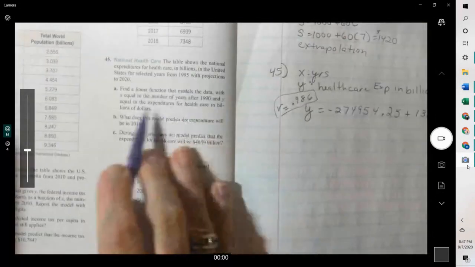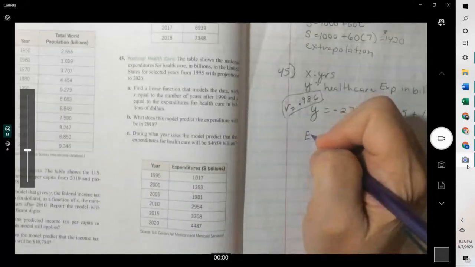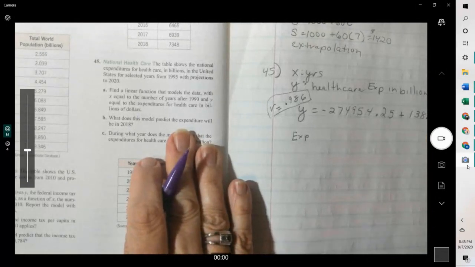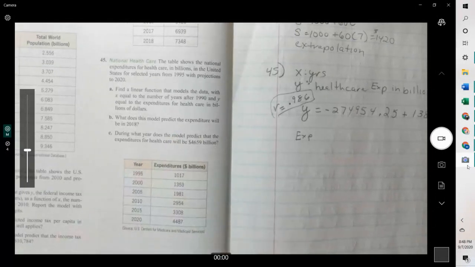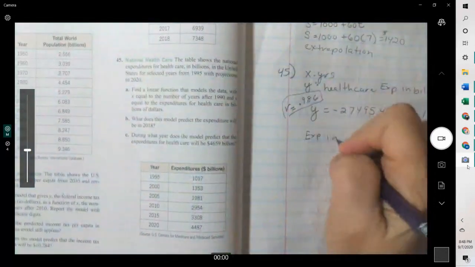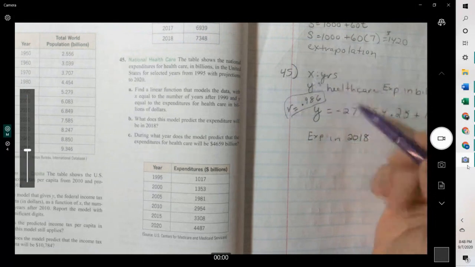Find the linear model for healthcare. What does the model predict the expenditure will be in 2018? We'll do it both ways. They had wanted us to do something different, and I'll show you that in a minute.